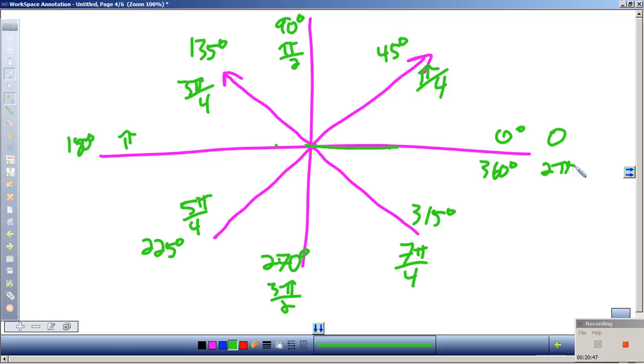So what I'm going to do for a quiz is not write any on the board, but do it entirely orally. Just change it from degrees to radians or radians to degrees. And say, okay, for example, 90 degrees. 270 degrees.